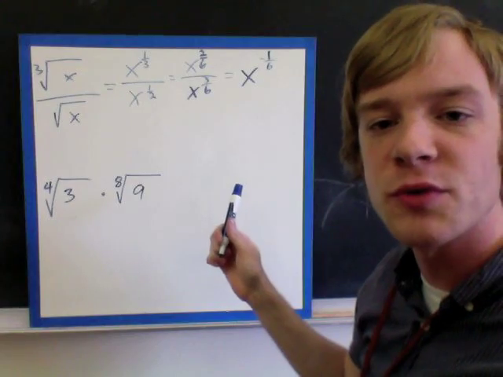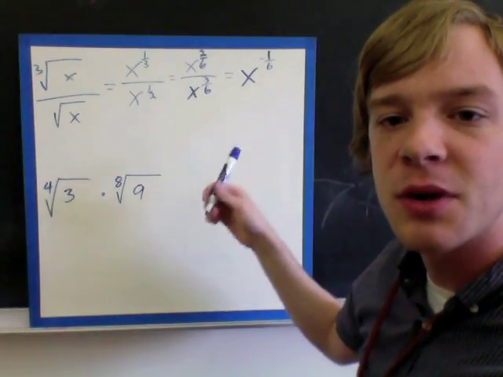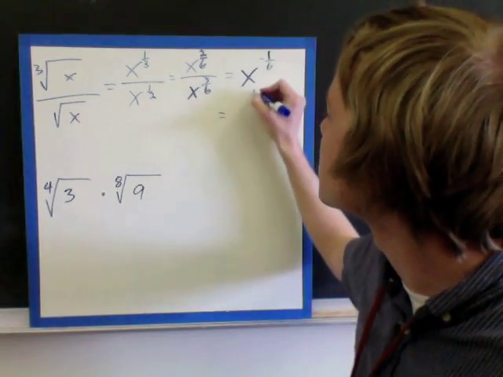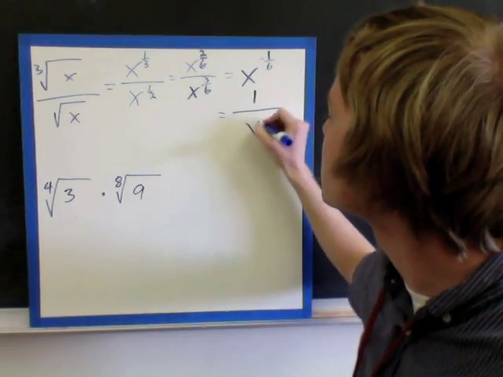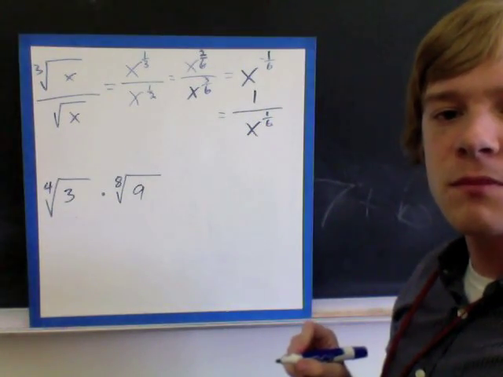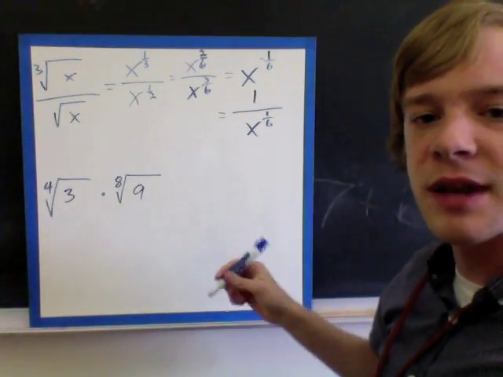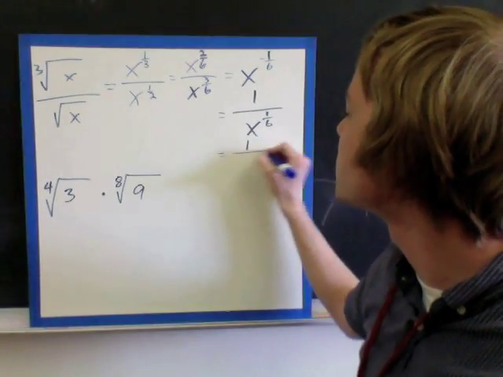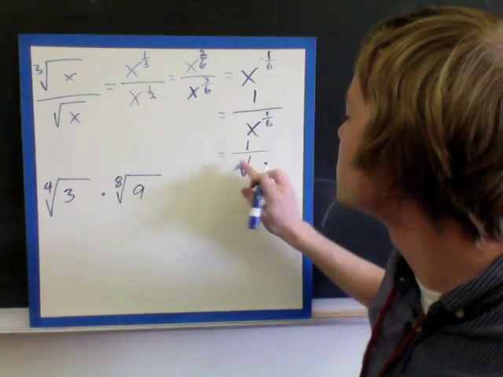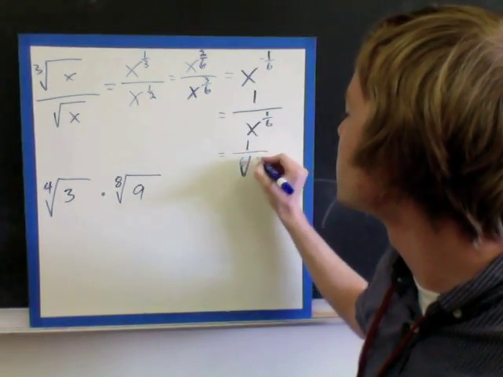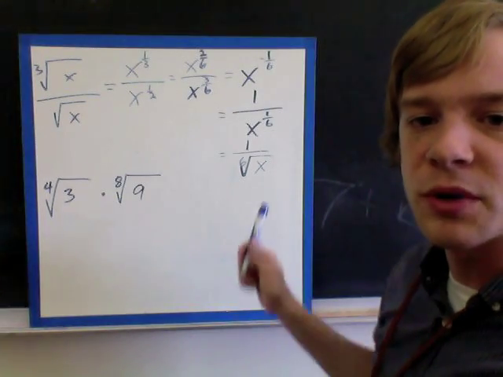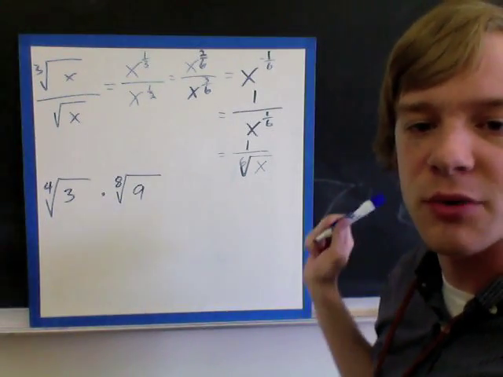And if you remember our rules from yesterday, that's going to be 1 over x to the 1/6, which will be the same thing as 1 over the 6th root of x. We could rationalize this if we want to, but for right now we're just going to leave it like that.